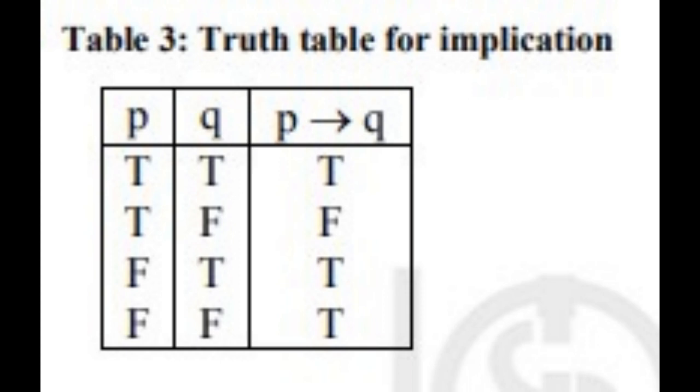Further, a statement of the form P → Q is called a conditional statement or a conditional proposition. So, for example, in the conditional proposition, if m is in Z, then m belongs to Q, the hypothesis is m ∈ Z, and the conclusion is m ∈ Q. Mathematically, we can write the statement as m ∈ Z → m ∈ Q.